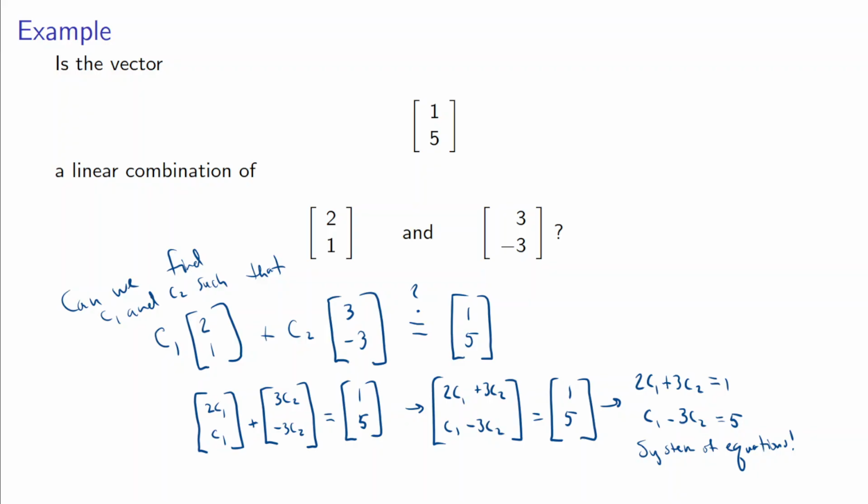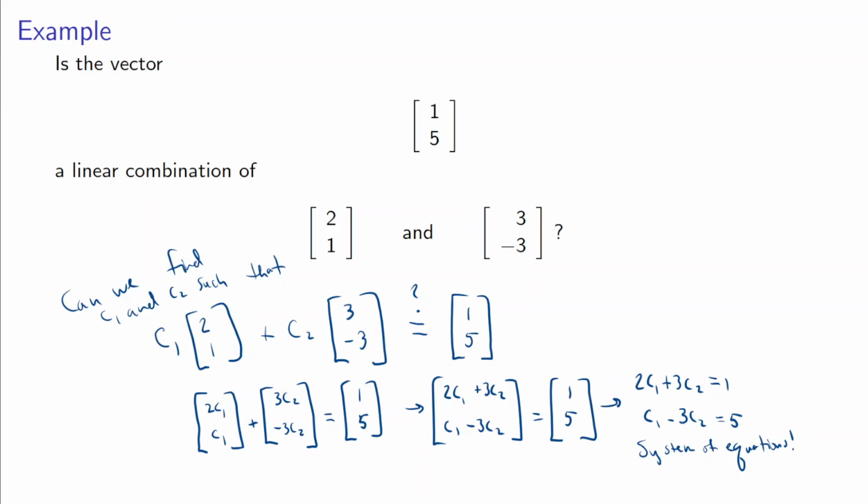And we've learned already in this course how to solve a system of equations. In particular, we've learned how to create the augmented matrix, and we have our algorithm for row reducing that and looking for solutions. So let's go ahead and try to do that.